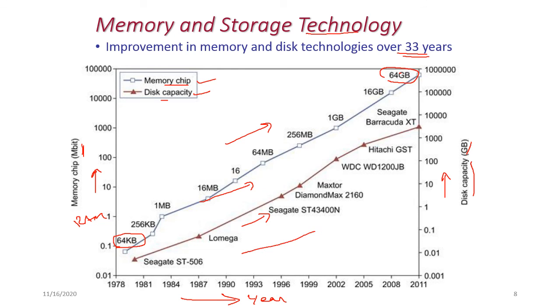And likewise the storage, that is the hard disk or external disk capacity, and this indicates the growth of the hard disk capacity. Nowadays we have terabytes of data, that is, the storage capacity has increased to terabytes.